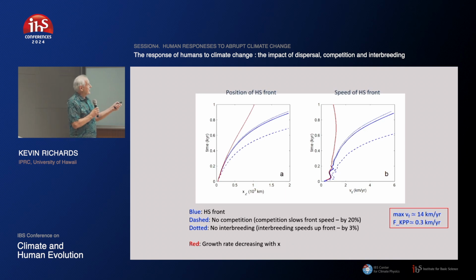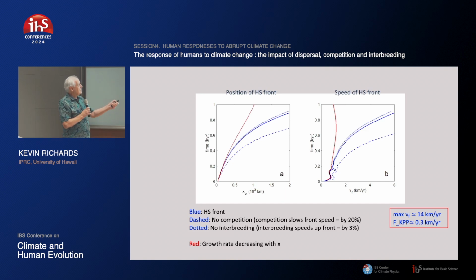It will keep accelerating until, if we extended the domain, then we limit the acceleration and get a maximum speed of order 14 kilometers per year, which is perhaps a little bit unrealistic.